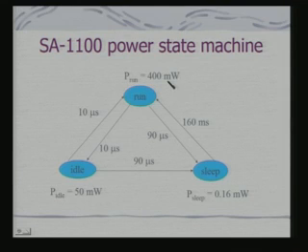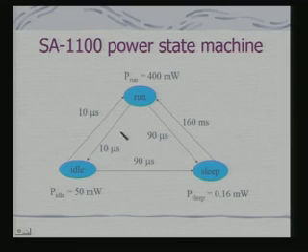Okay. And in idle state, it is about 50 milliwatt, and in sleep mode, it is 0.16 milliwatt. Therefore, if you can intelligently switch between the states, you can really gain in terms of power consumption.